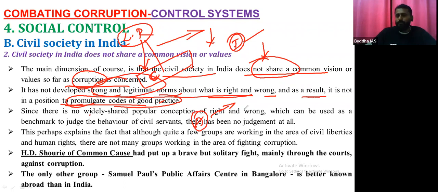Take the examples. For example, there are many chief ministers, like Y.S. Jagan Mohan Reddy in Andhra Pradesh and B.S. Yediyurappa in Karnataka, and many others who were found guilty and went to prison. They have come back now. But people still choose these people.